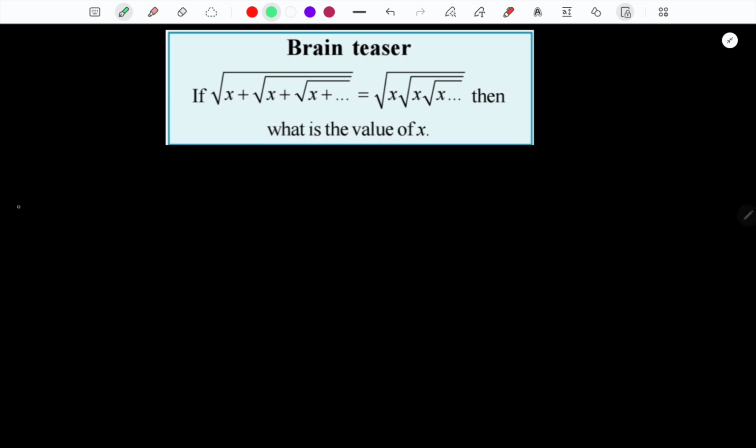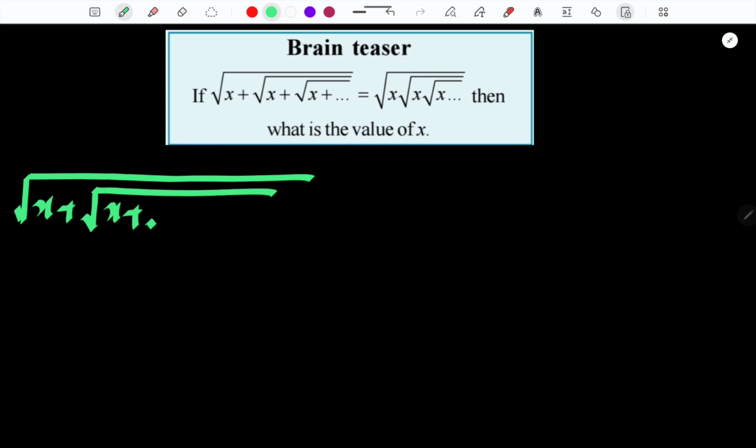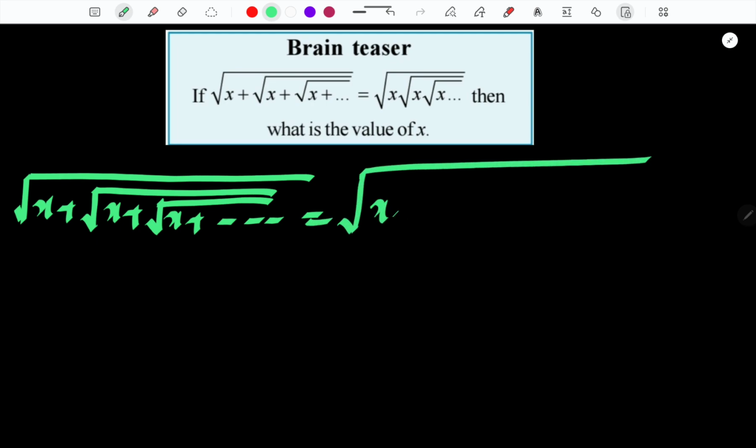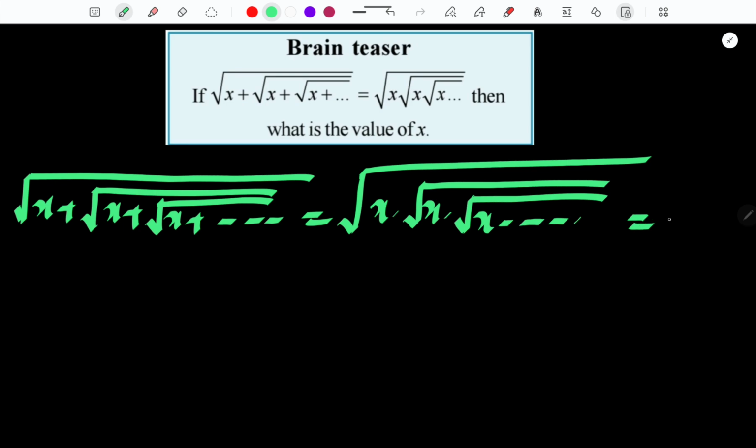First of all, I am taking root of x plus root of x plus root of x plus and so on equals to root of x into root of x into root of x into and so on as some a.